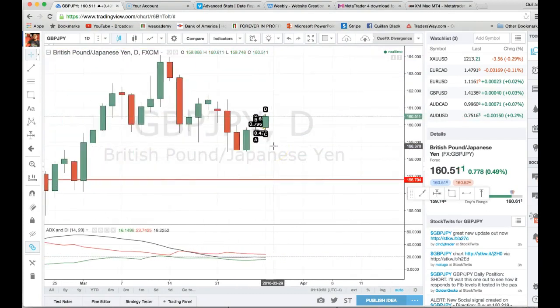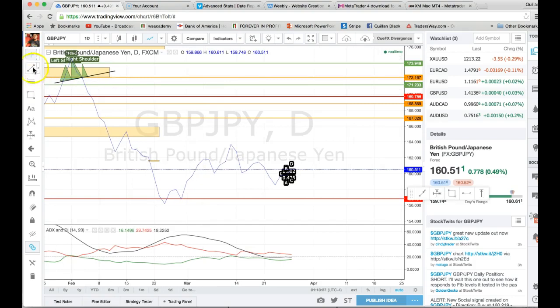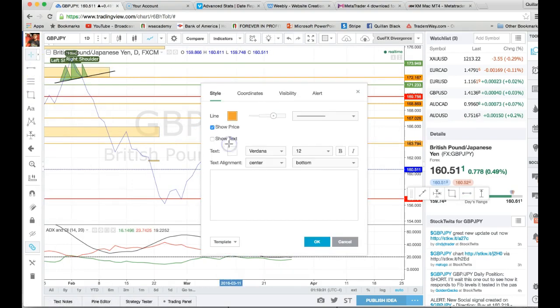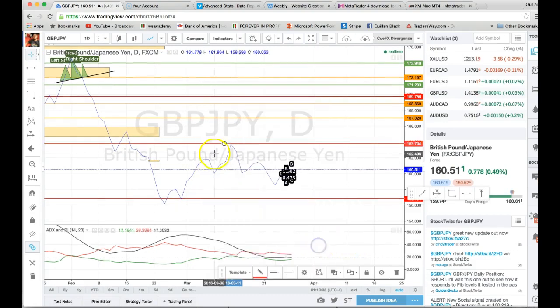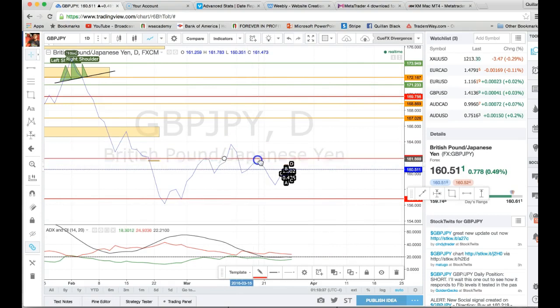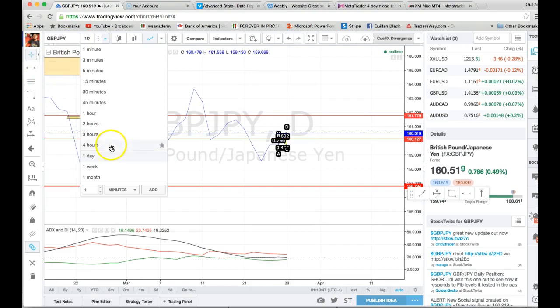All these are old. I'm going to get on my line charts real quick. Quick markup, mark off these key areas that you have to take into consideration, all the key areas within the market.